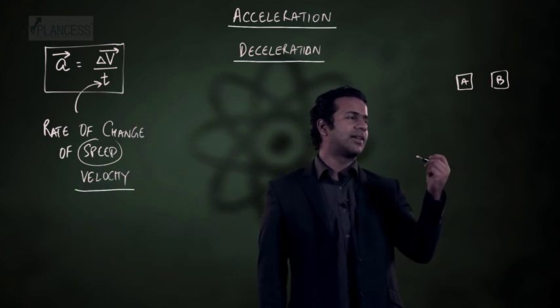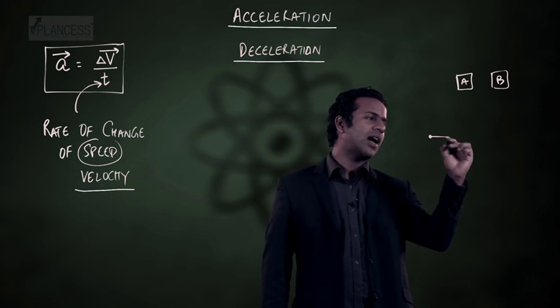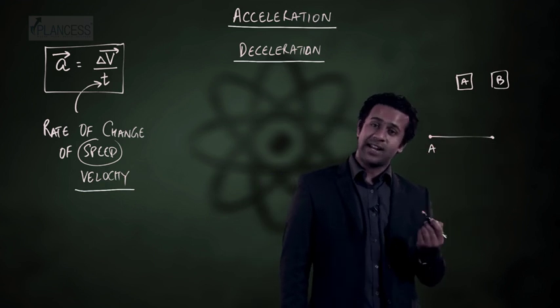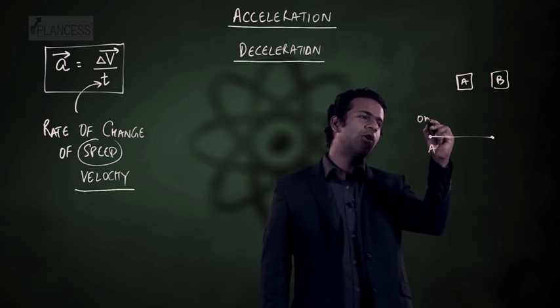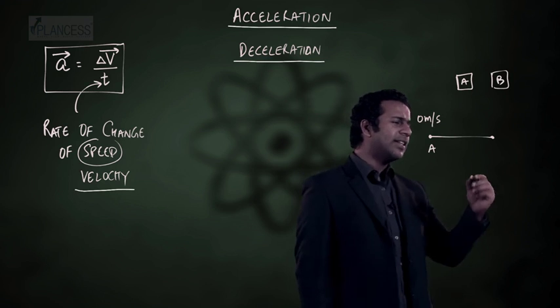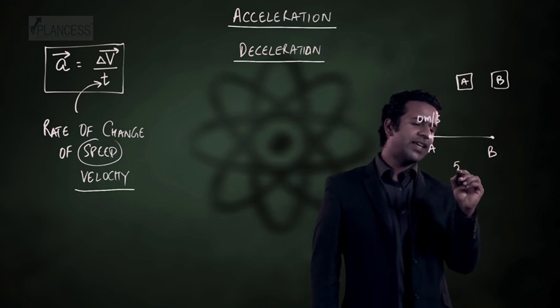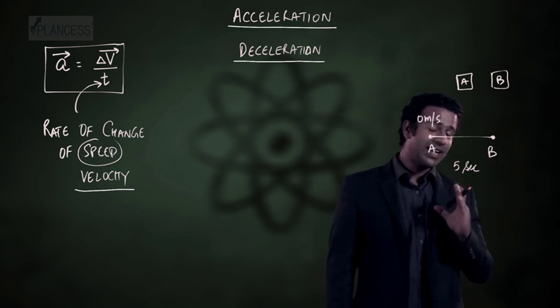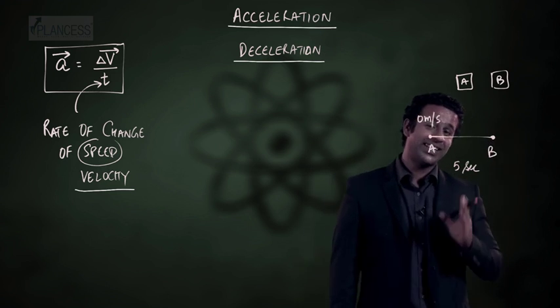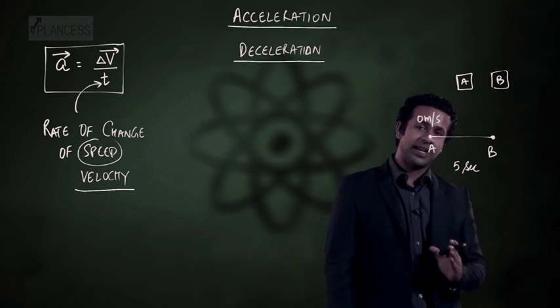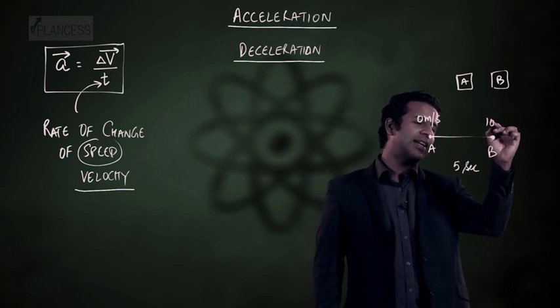Let's say that some body starts from point A. There it was at rest, so its speed was 0 meter per second. Right. It reaches a point B in 5 seconds, and at point B its instantaneous speed, which means its speed at point B, is 10 meter per second.